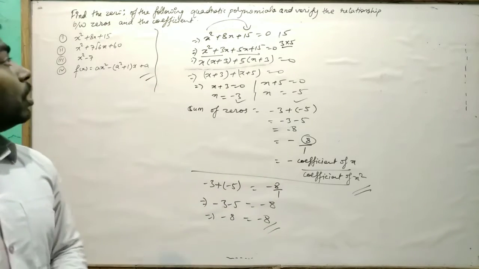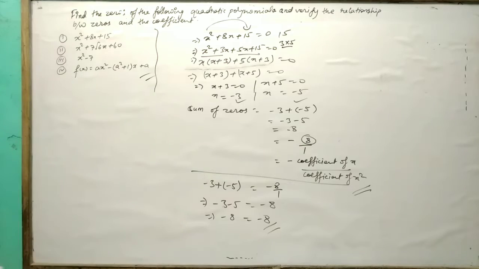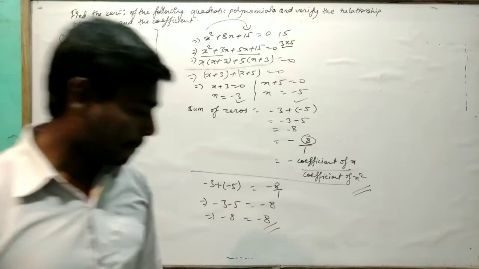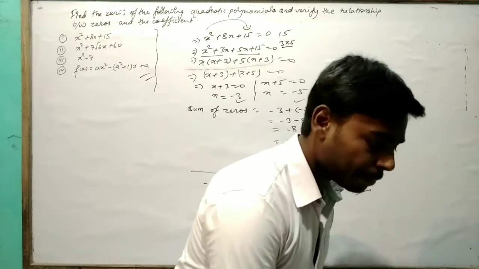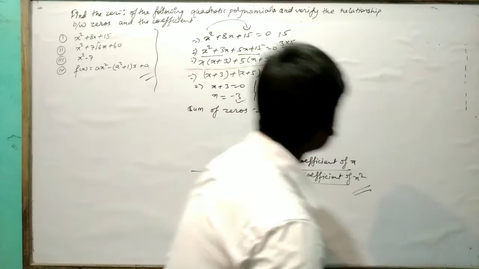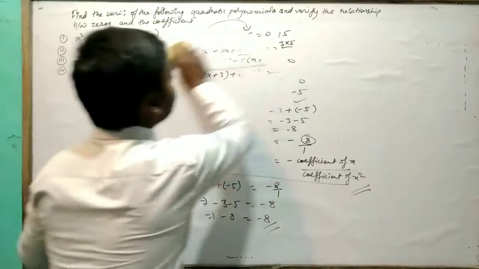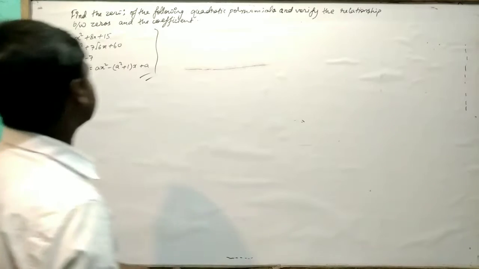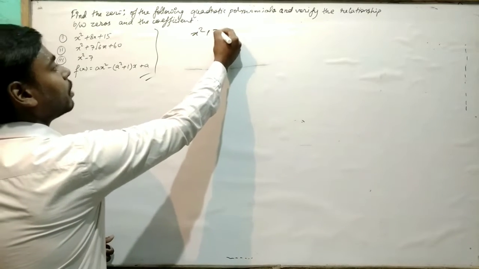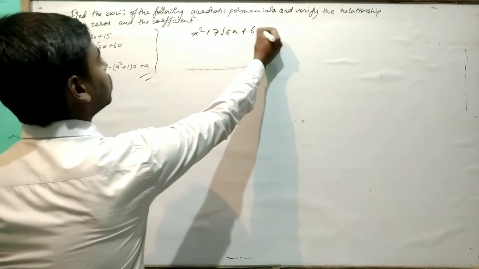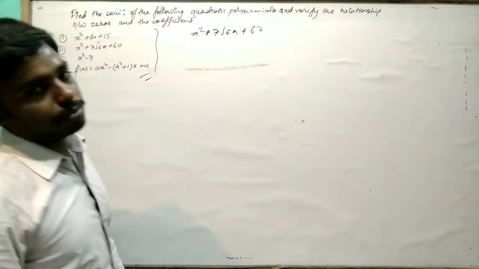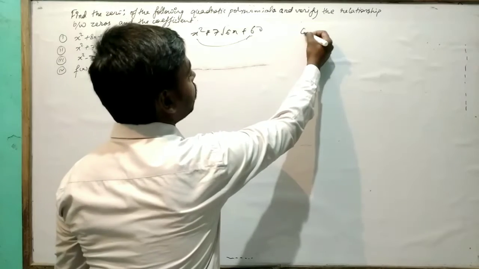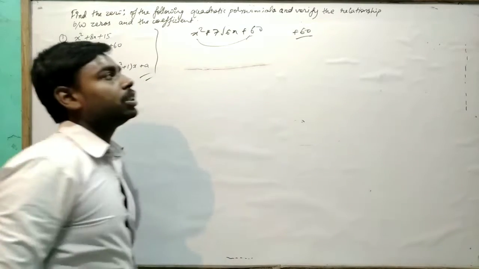Okay, now we see the second example: x square plus 7 root 6 x plus 60. First we have to multiply the two end terms. When we multiply, we get 60.